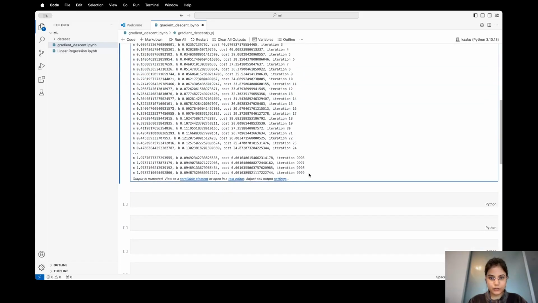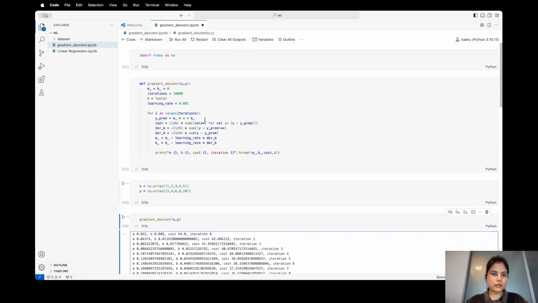On the last iteration, my cost value is 0.006, which is minimum, for the value of m 1.97 and b 0.098.